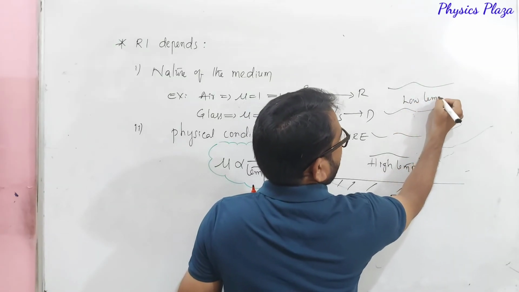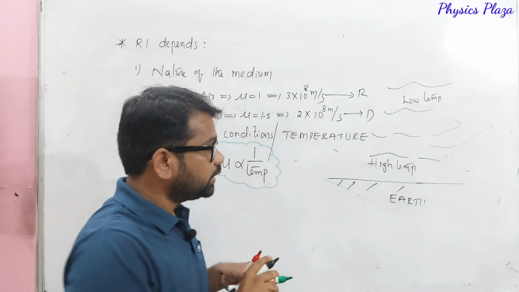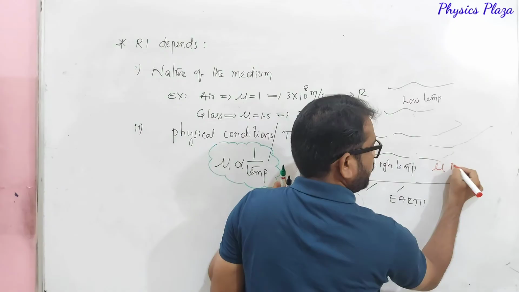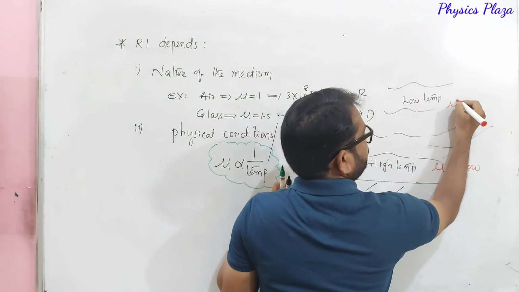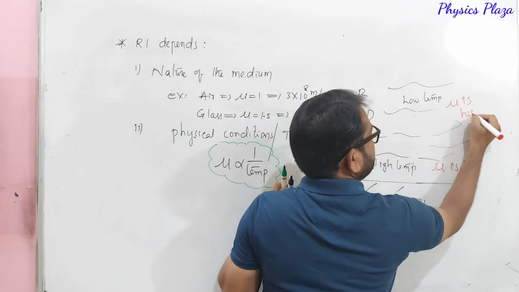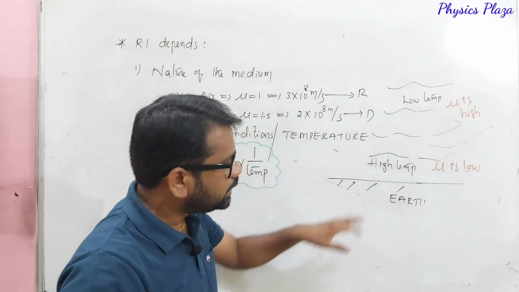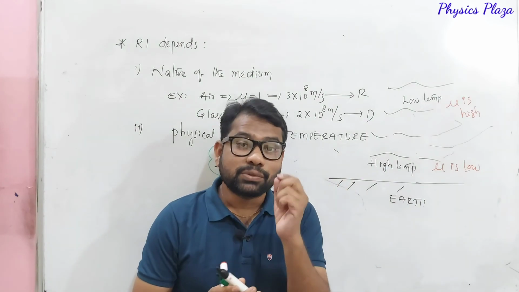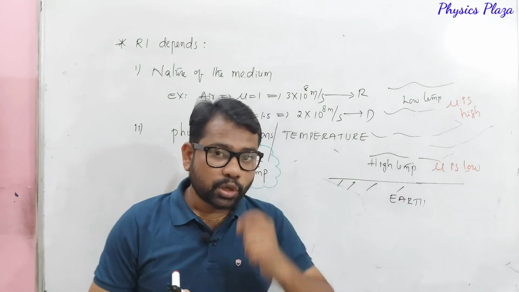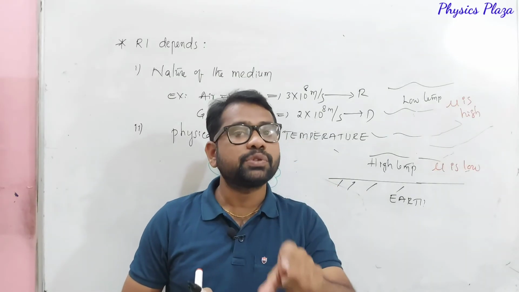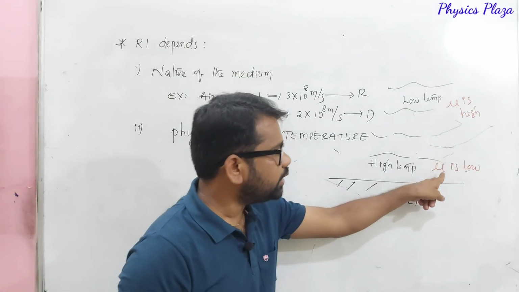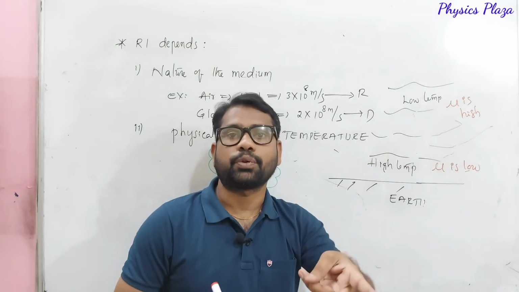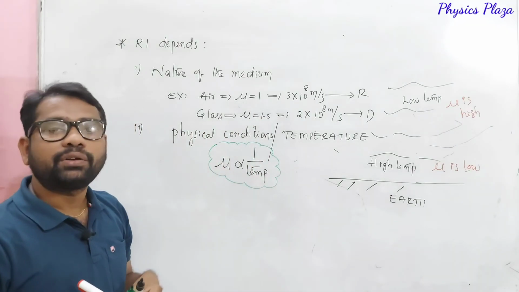So the refractive index here will be low, mu is low here, whereas here mu is high. As the temperature changes, the refractive index also changes. That's why the different layers of the atmosphere act like different mediums for light. The reason is that the mu value is changing, because the temperature is changing. How? Inversely proportional. When temperature increases, mu value decreases.